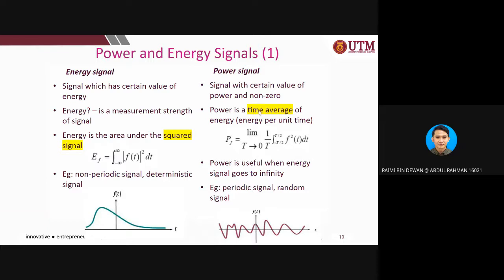When we say time average, it means 1 over T. That's why you can see here 1 over T, then the integral from negative T over 2 to T over 2, meaning over the complete period, and we also use f squared here. Power is useful when the energy of the signal goes to infinity, for example periodic signals and random signals.